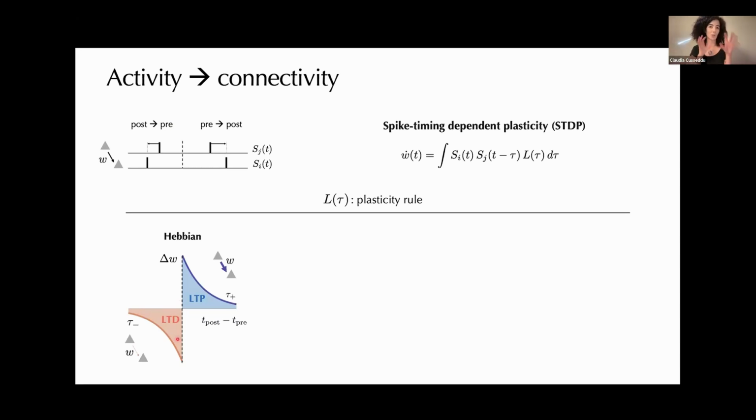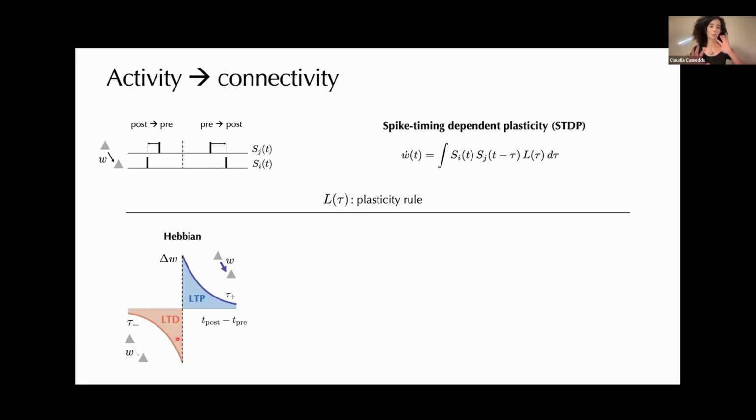But this is actually just one example of the kernel of a plasticity rule, because experiments have shown that STDP can take many forms. Many different kernels can model STDP based on the type of neuron, or the type of synapses, or depending also on the neuromodulators involved in the plasticity mechanisms.